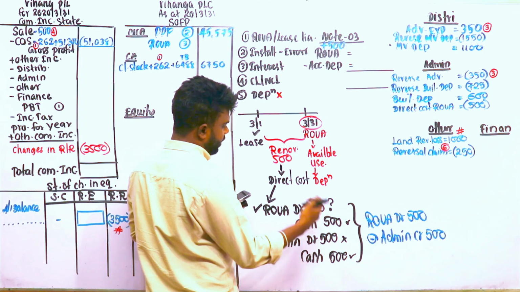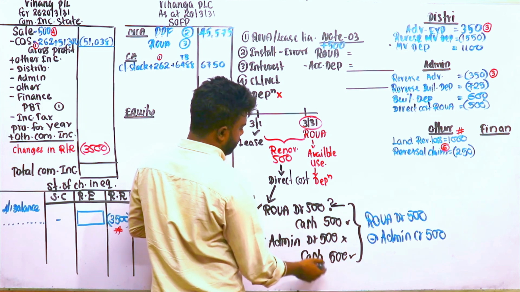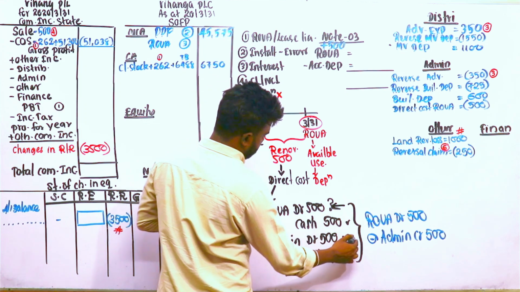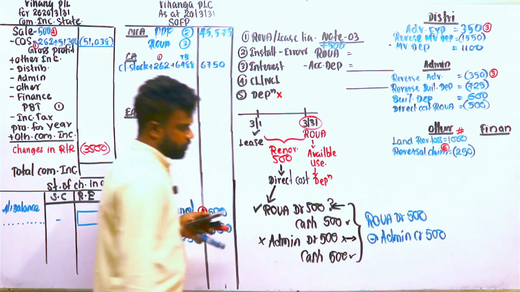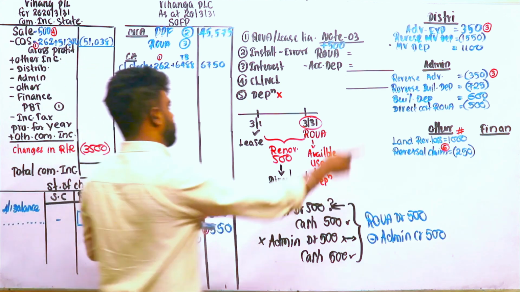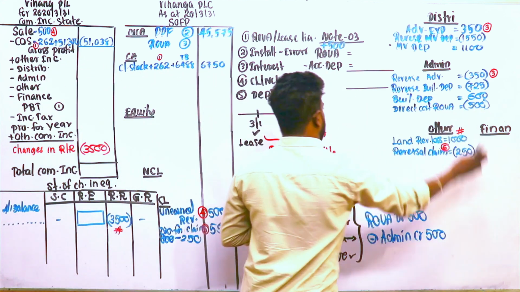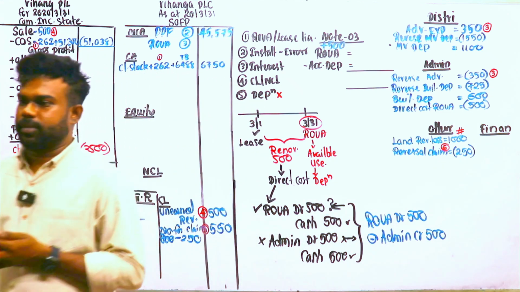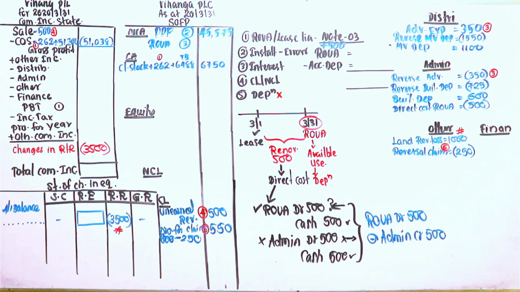Admin again credit, debited to right of use. Okay, right of use plus, admin minus. There is no issue with cash, so no need to think about cash.